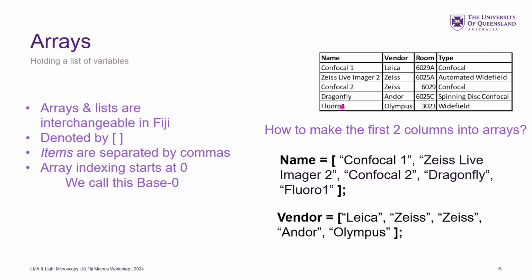So here, how do you make the first two columns into arrays? For this column, I've just put confocal 1 in inverted commas, and then comma, slide image of 2, and then comma. Each of these with inverted commas is holding a string.